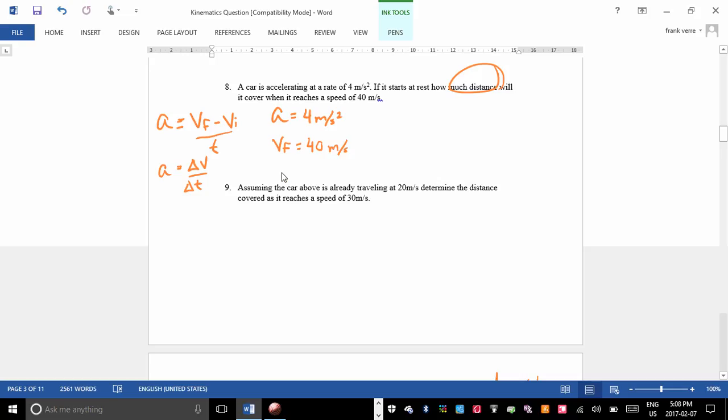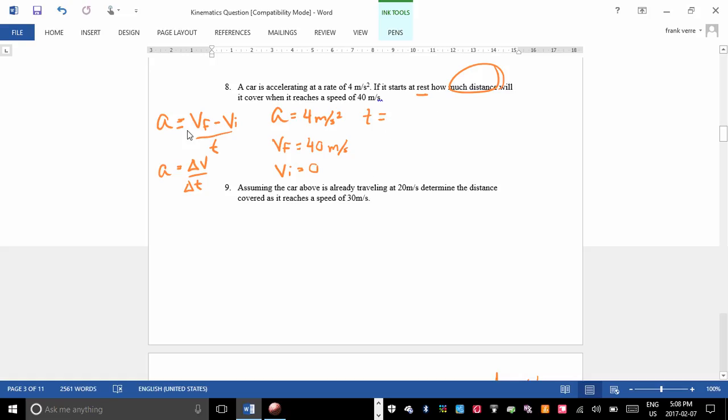We're also told the initial speed. The initial speed says it's at rest, which means it's initially not moving. So what we're going to look for is time.